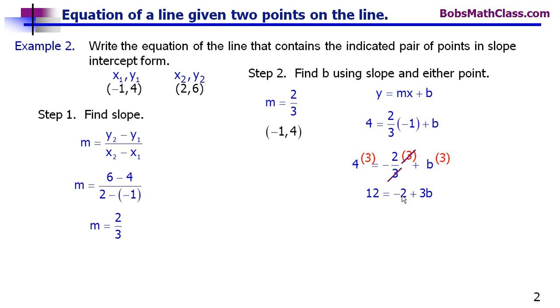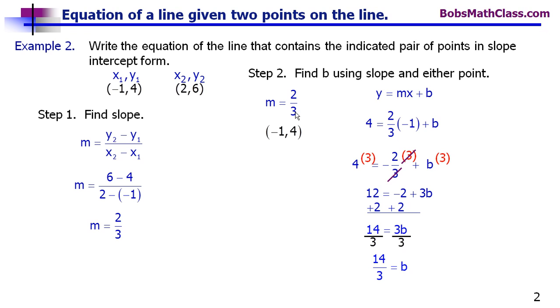So 12 equals -2 plus 3b. You have to be real careful with all the signs. You know, one little mistake at some point and you won't get the right answer. Adding 2 to both sides. 14 equals 3b. Then divide by 3 on both sides. So b equals 14/3.